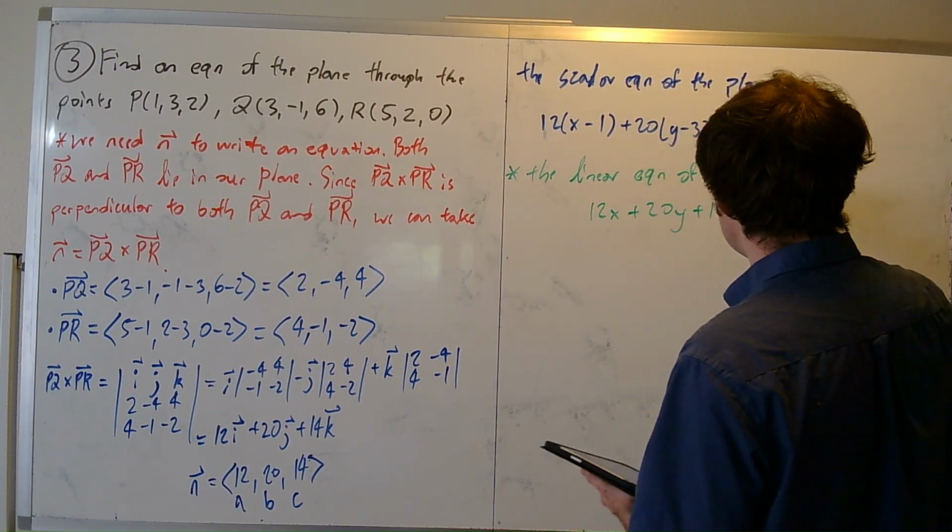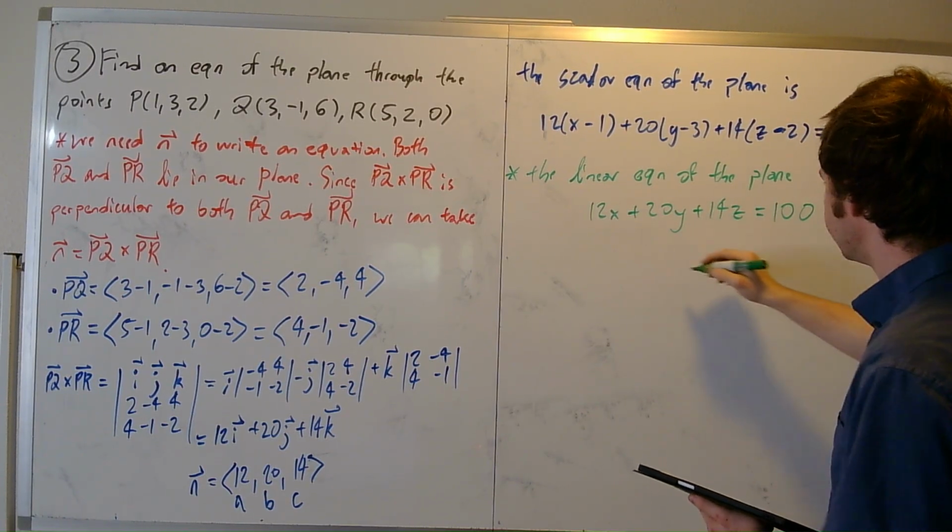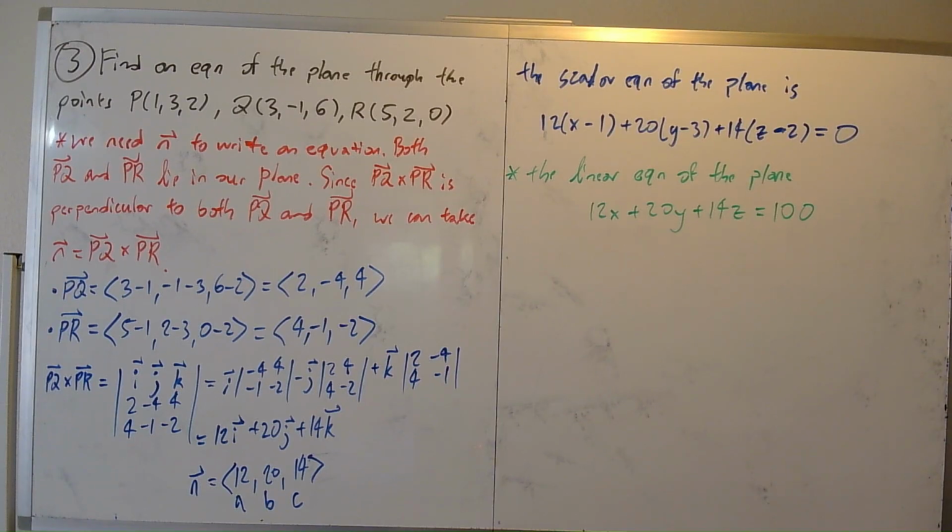And you move all the constants to the right, the answer you're going to get on the right is 100. Okay, so that's the linear equation of the plane. This is what you're kind of used to seeing, and this is going to be the scalar equation, this is the linear equation.